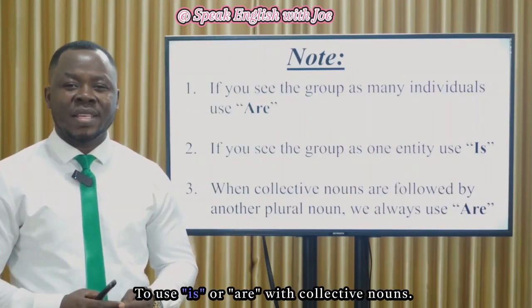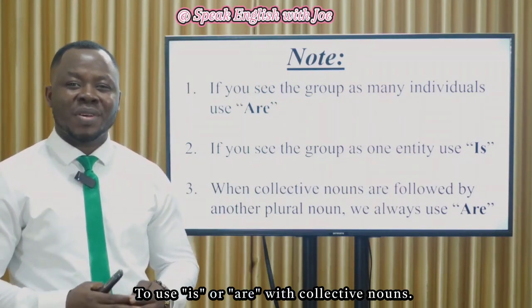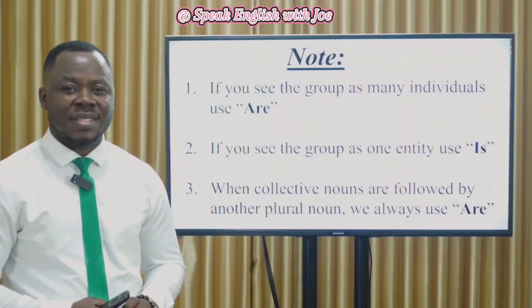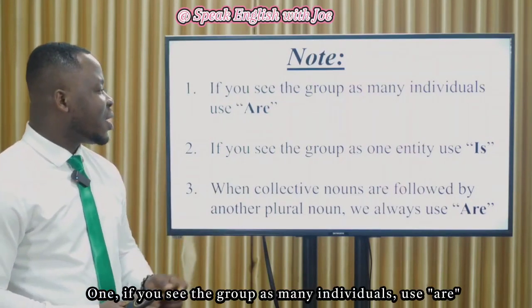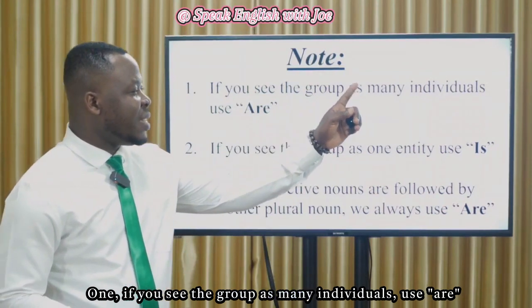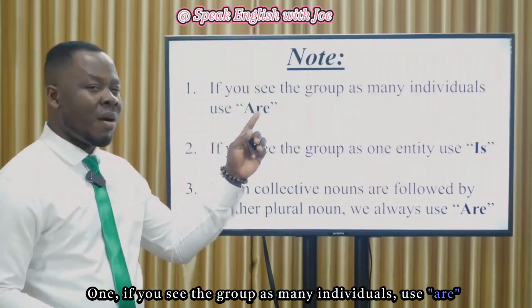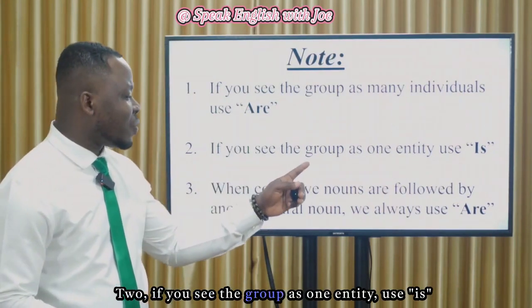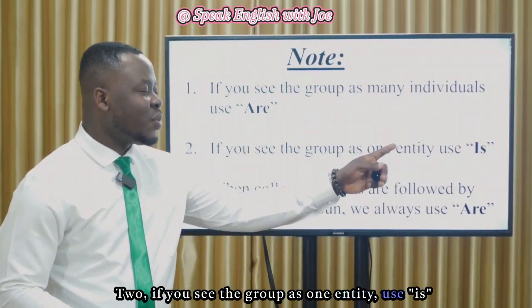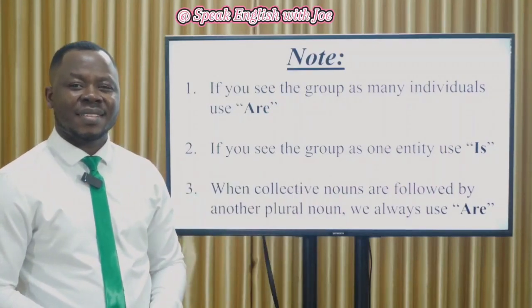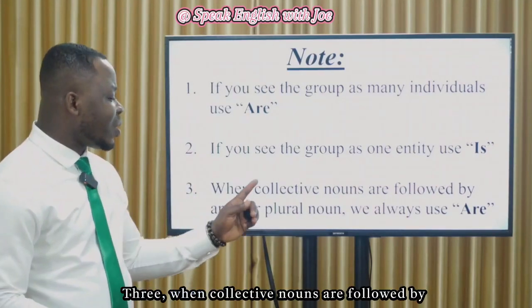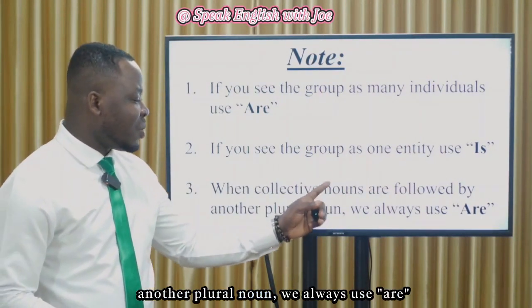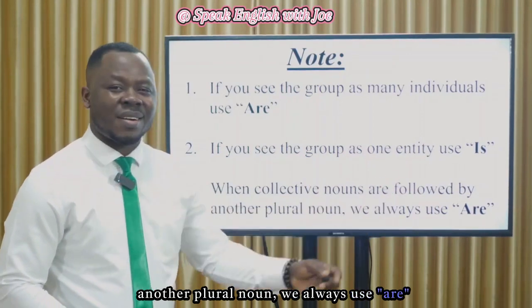To use is or are with collective nouns, there are 3 things to note. 1. If you see the group as many individuals, use are. 2. If you see the group as one entity, use is. 3. When collective nouns are followed by another plural noun, we always use are.